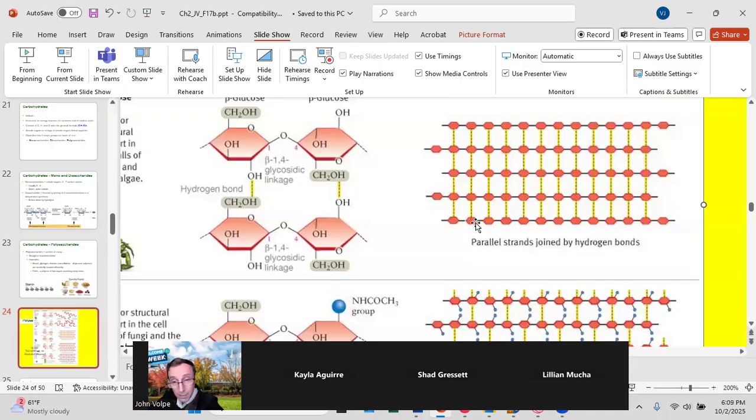The cow digests the cellulose not directly, but because it has a microorganism in its stomach, or I should say in four of its stomachs, because the cow has four stomachs. Then the cow can get some of the glucose from the microbe that actually breaks down the cellulose. Any question about any of that?